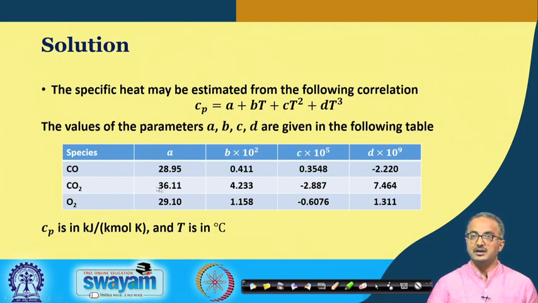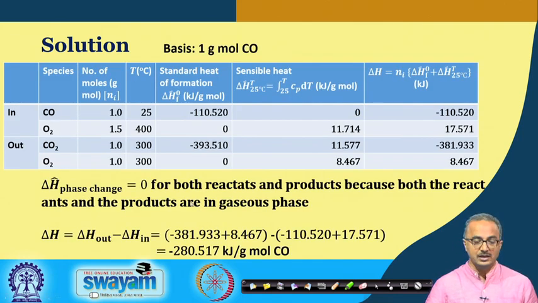In this table I have shown you the values of A, B, C and D. For these values, the unit of the specific heat is kilojoule per kilomole Kelvin, and the temperature to be taken is in degrees centigrade. So, you have to be very careful about the units whenever you are using any kind of correlation.